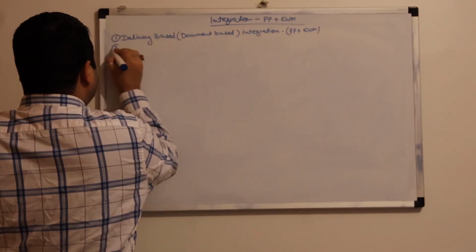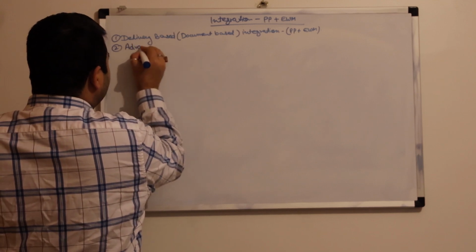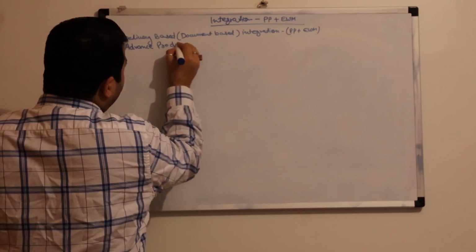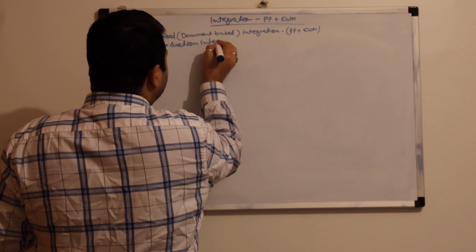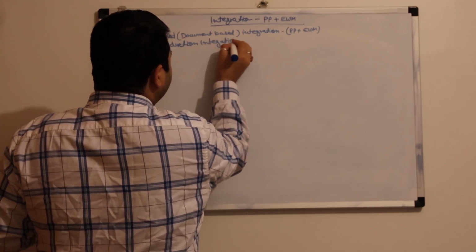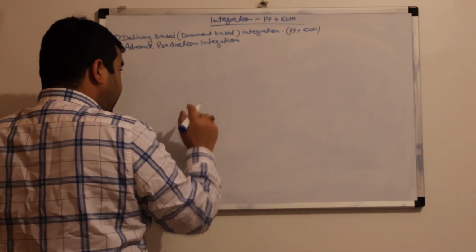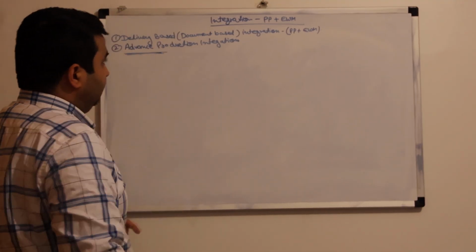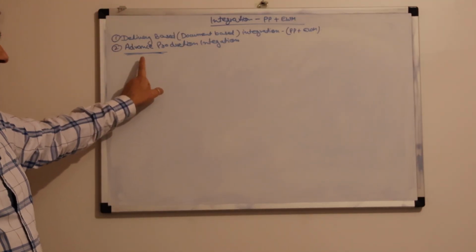Second, we have the advanced production integration. I will explain why we call this an advance. I will zoom in a little, then you will see more clearly.